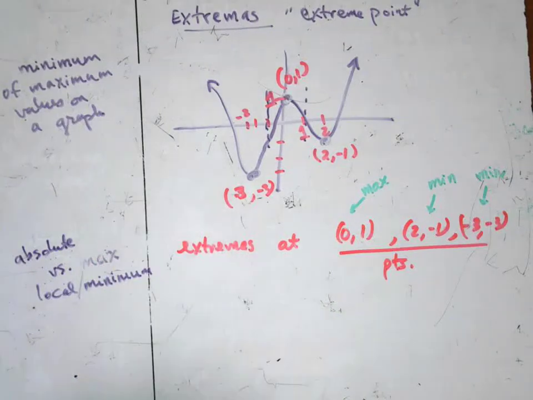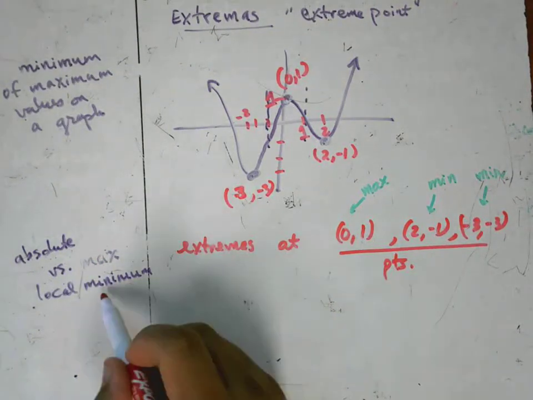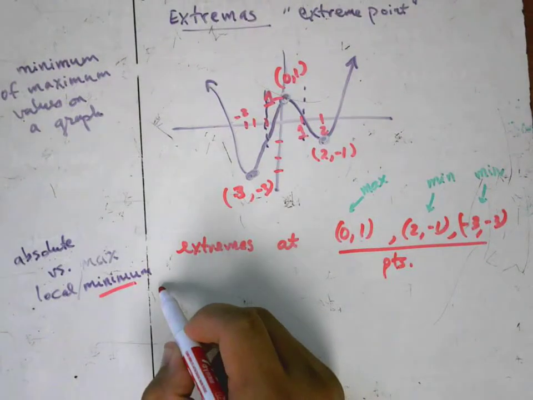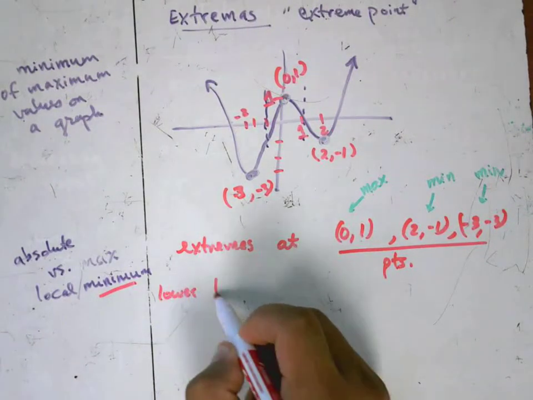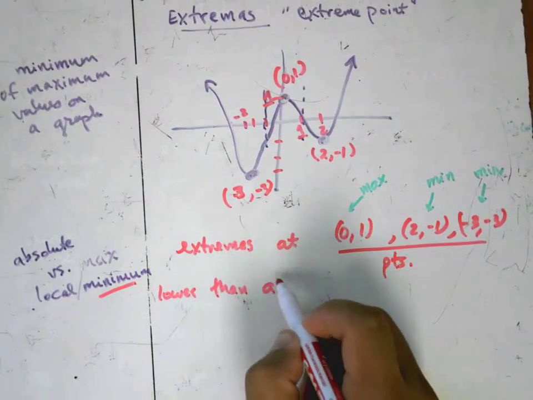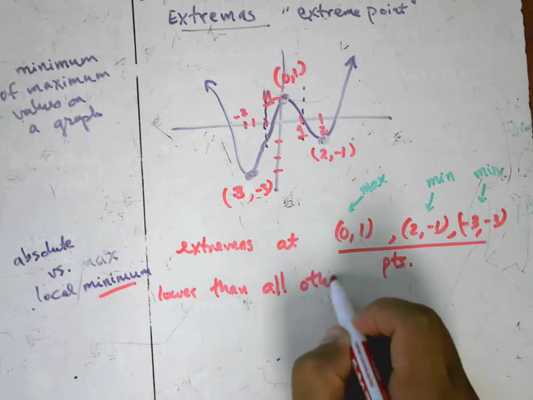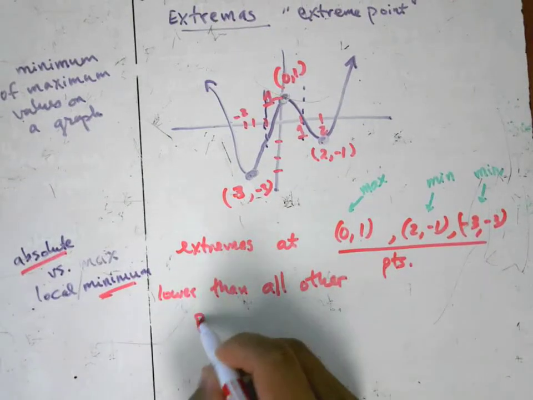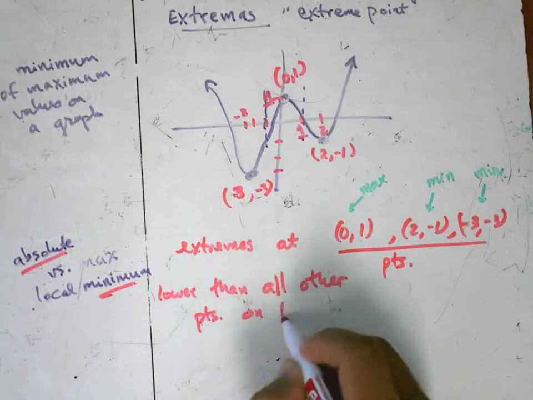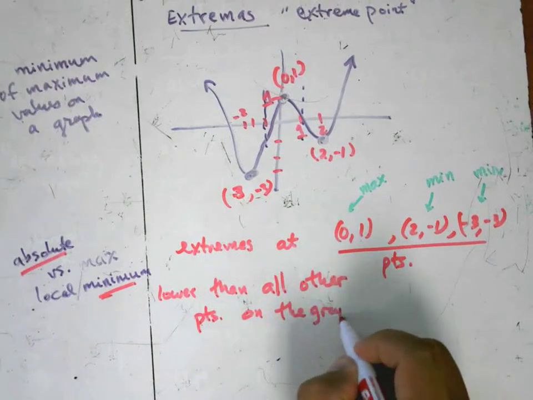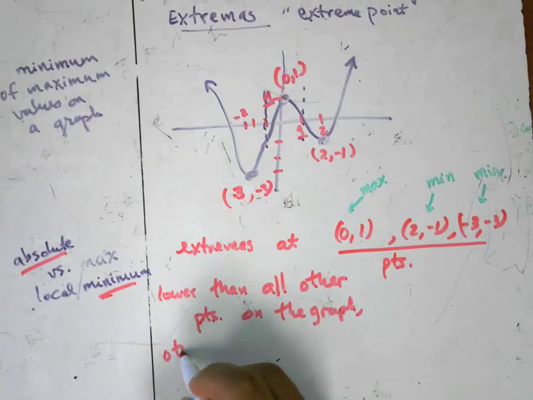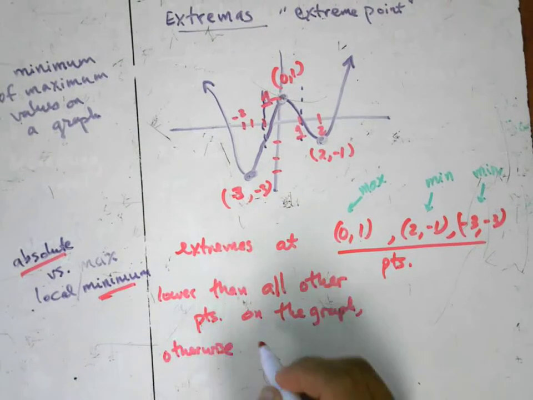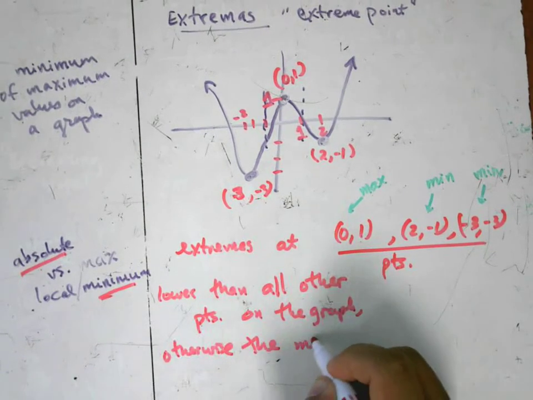For something to be an absolute minimum or maximum, it has to be lower than all other points. An absolute minimum is lower than all other points on the graph. Otherwise, the minimum is local.